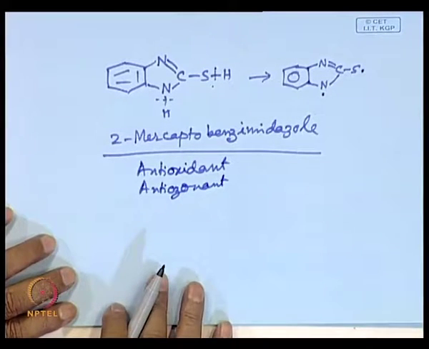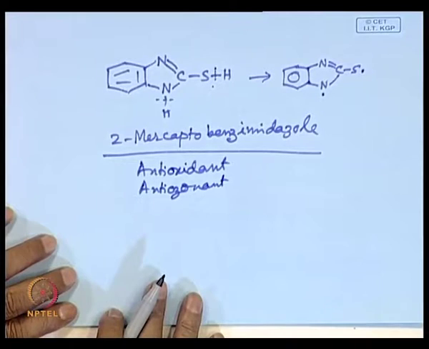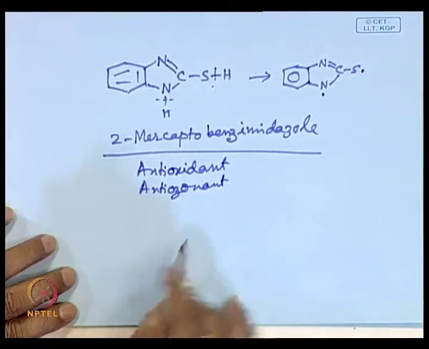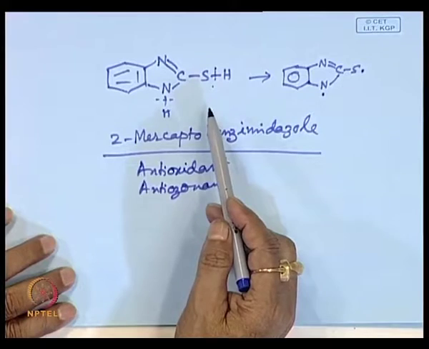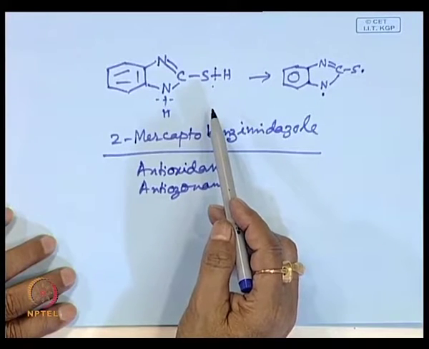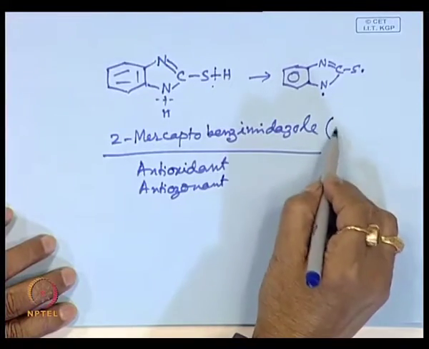Ozone is much more reactive than oxygen. So, this kind of compound can prevent degradation by the action of oxygen as well as ozone. 2-mercaptobenzimidazole is a Bayer Germany product, commercially available, known as MBI.